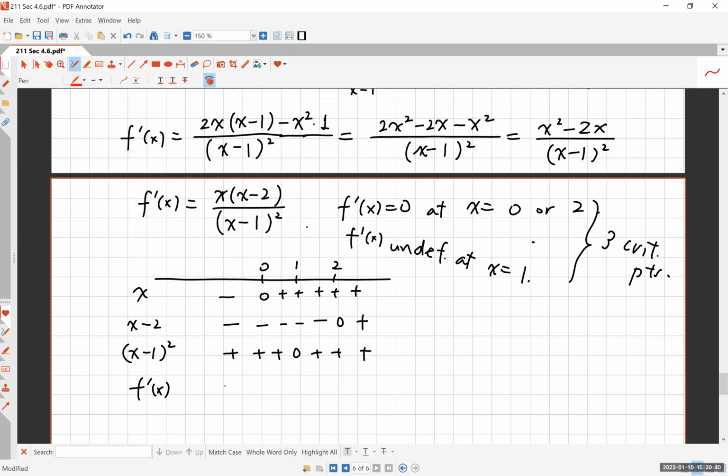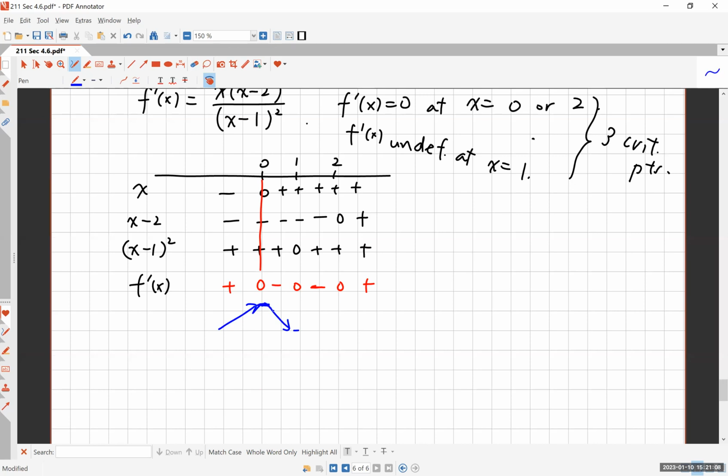And once you have these 3 lines, you can see f prime is positive, 0, and then negative, and then undefined, negative again, 0, and positive. So what does the graph look like? It's going to go up, horizontal tangent, down, and then horizontal tangent, and then goes down again, and goes up again. So the graph roughly is going to look like this, or does it?